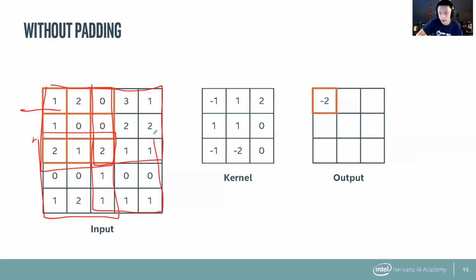Does anyone want to eyeball the size of the output for me? What would the size of the output be if we had a stride of 2 on this input? So 5 by 5, kernel 3 by 3, stride 2. What is the size of the output?